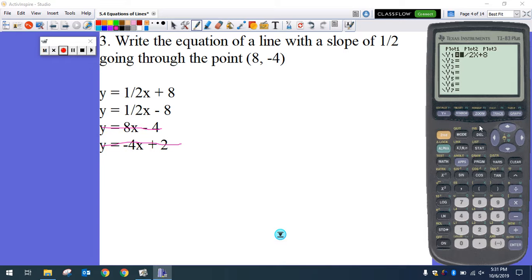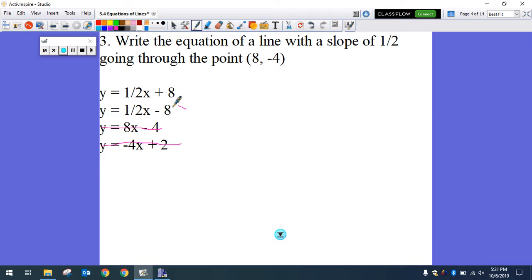It does not. So it's got to be B, but let's just double check. And does it go through (8, -4)? It sure does. So yes, B was your answer for this one.